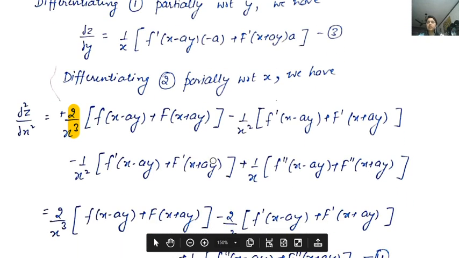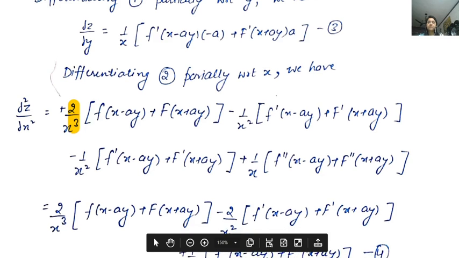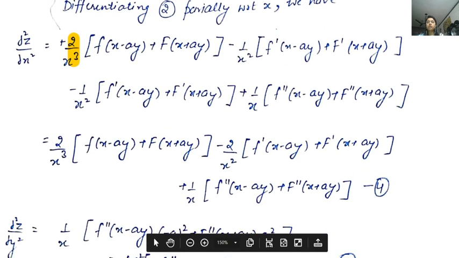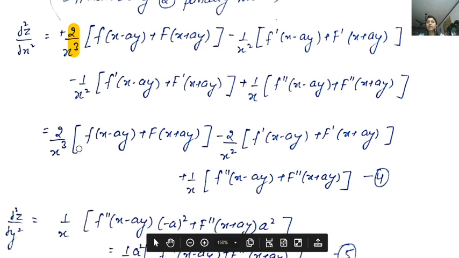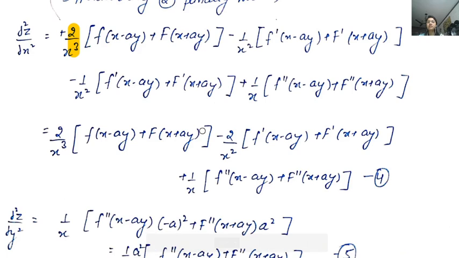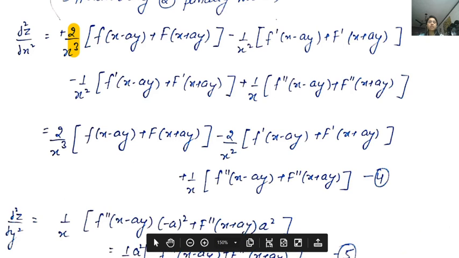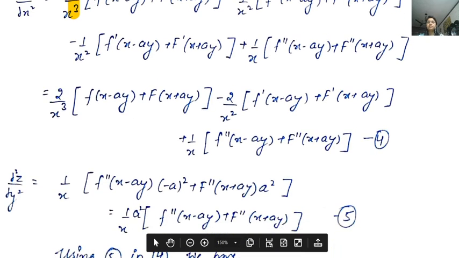Adding these two terms, we have ∂²z/∂x² equals to 2 by x cube [f(x minus ay) plus F(x plus ay)], minus 2 over x square [f dash (x minus ay) plus F dash (x plus ay)], plus 1 over x [f double dash (x minus ay) plus F double dash (x plus ay)].